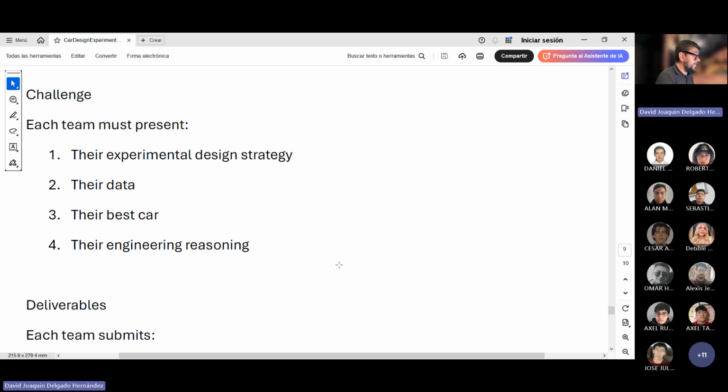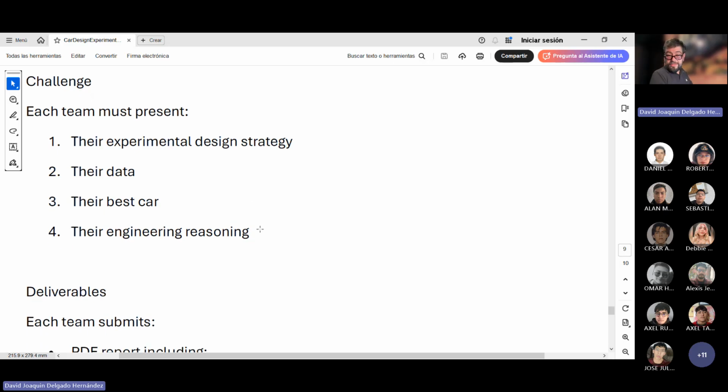So in this challenge, you must present your design strategy, your data, your best car, because you are going to experiment with different cars. So you are going to choose the very best car. And what was the engineering reasoning for developing that car, okay?